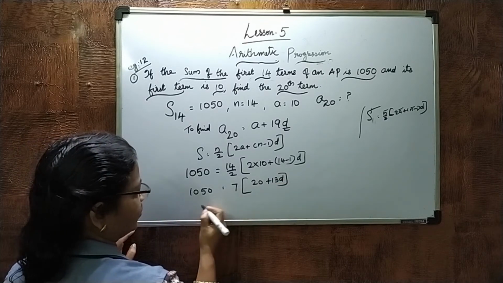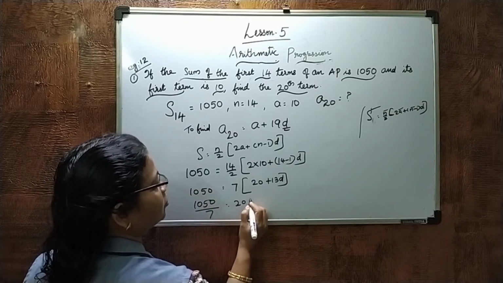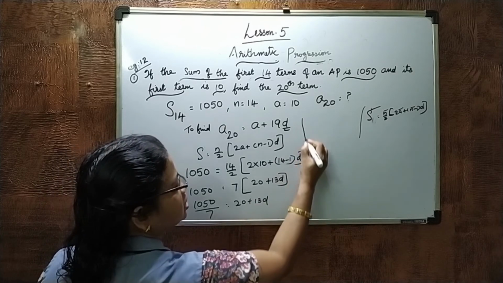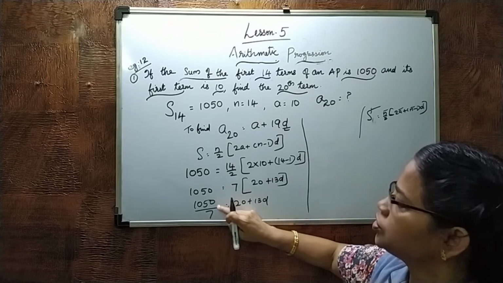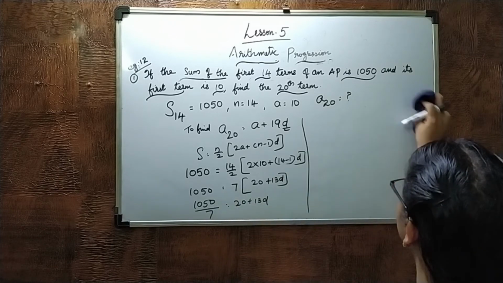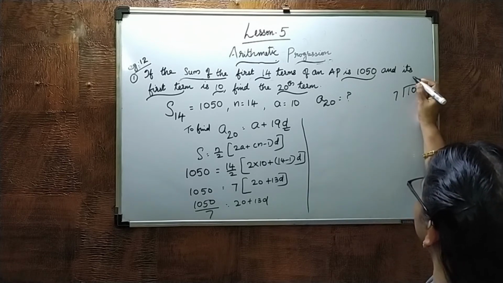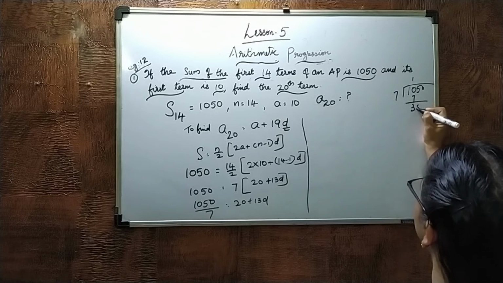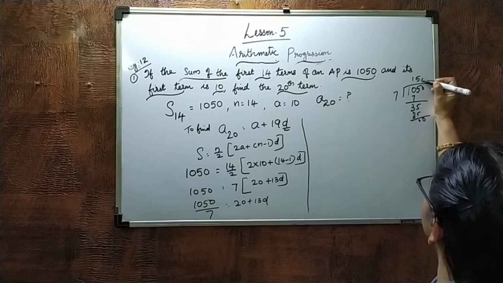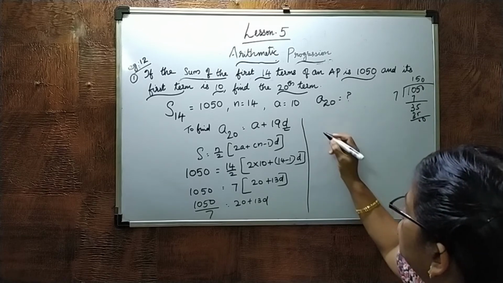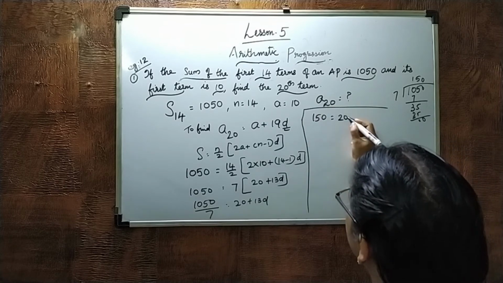Next we take this 7 to this side: 1050 divided by 7 equals 20 plus 13D. 1050 divided by 7 is 150. So 150 equals 20 plus 13D.